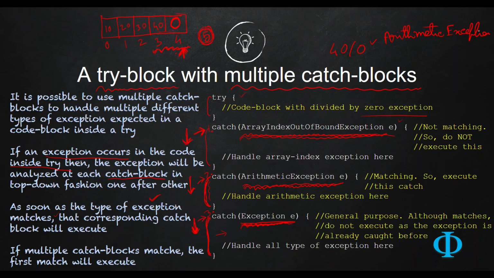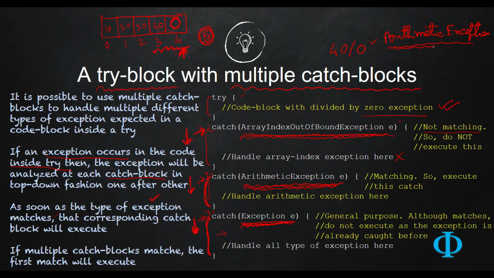So whenever this arithmetic exception occurs in your code, what will happen? The exception will be checked against the first catch block, but that code will not execute because the exception type is not matching. This is array index out of bound, and the exception is an arithmetic, divided by zero exception. Then it comes to the second catch block, and it finds that the exception type matched.